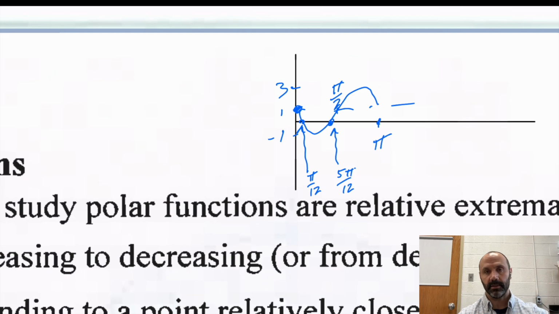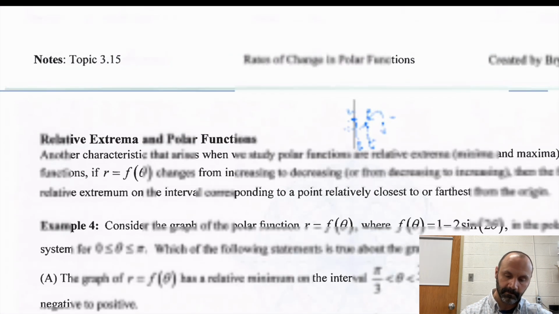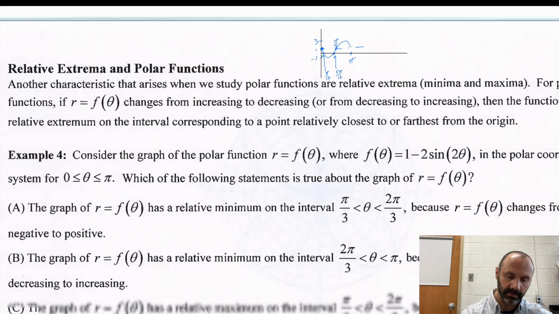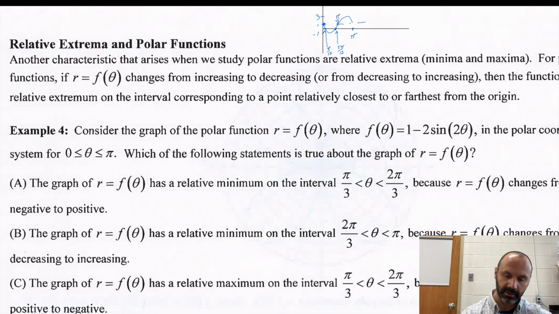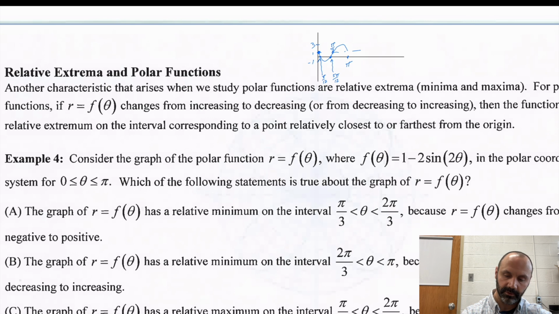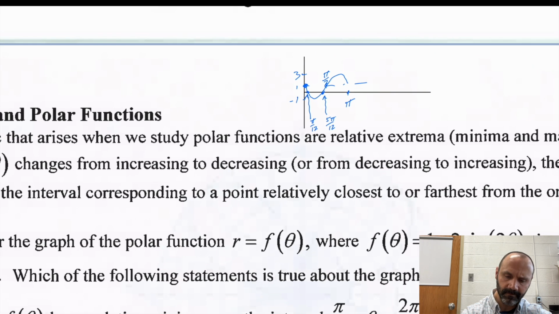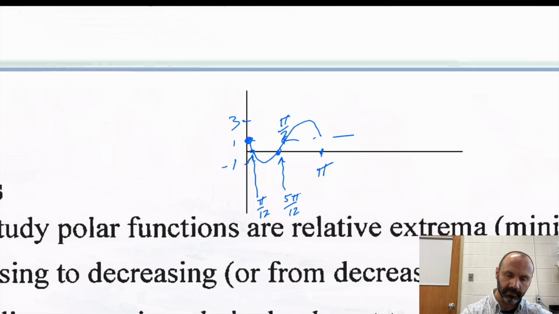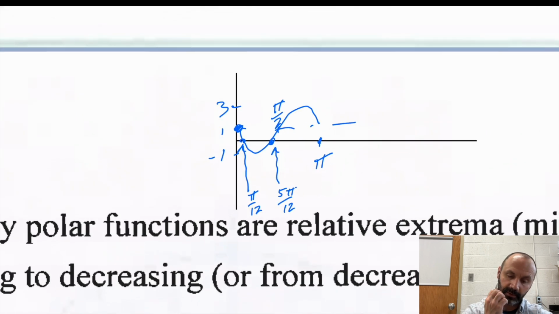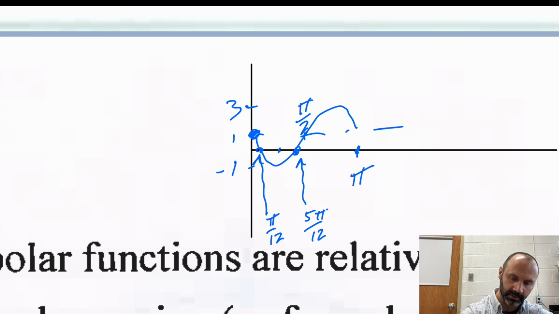We can use this to help us answer this question about where we have maxima and minima. So the graph of r has a relative minimum on the interval pi over 3 to 2 pi over 3. So let's see, pi over 3 and 2. So pi over 3, where is that going to be? Well, we know that this is pi over 4. Right, again, just fill in the numbers here.